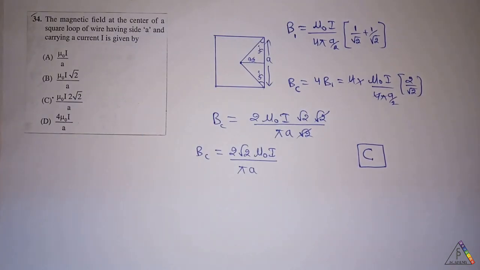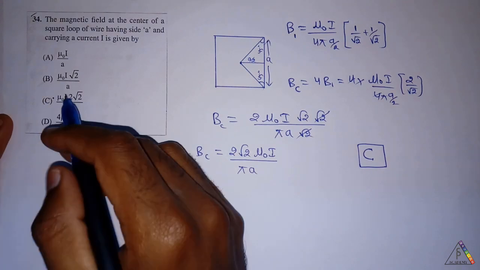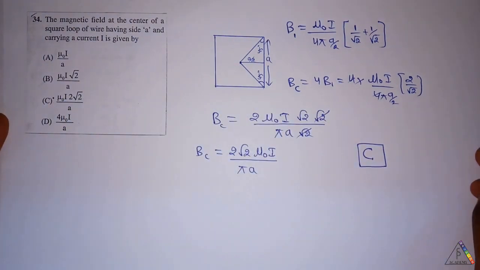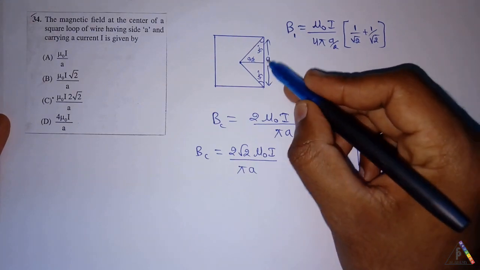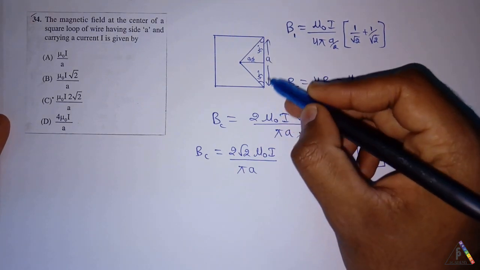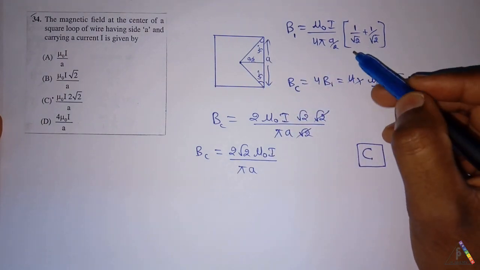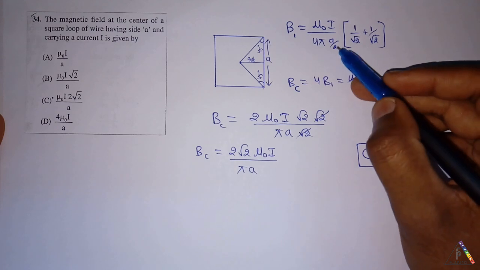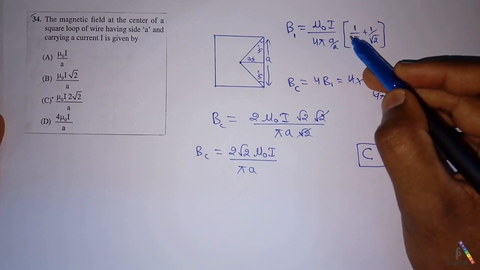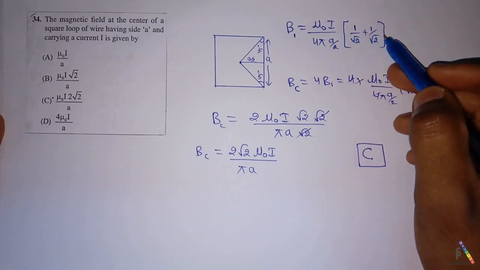Next question is, the magnetic field at the center of a square loop of wire having side A and carrying a current I is given by. These are all the options given. From our previous videos, we know that the magnetic field due to a wire of length A at a distance A by 2 is mu naught I divided by 4 pi times the distance into cos theta 1 plus cos theta 2.